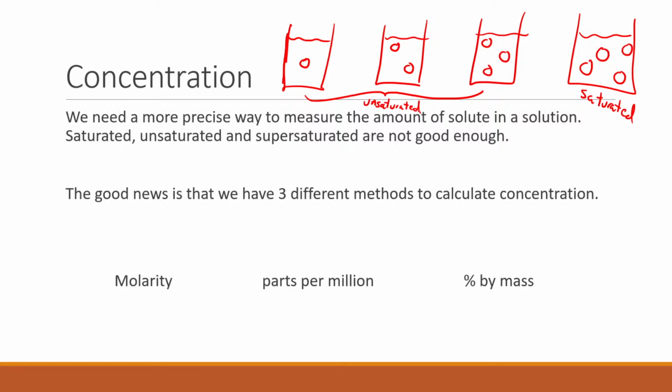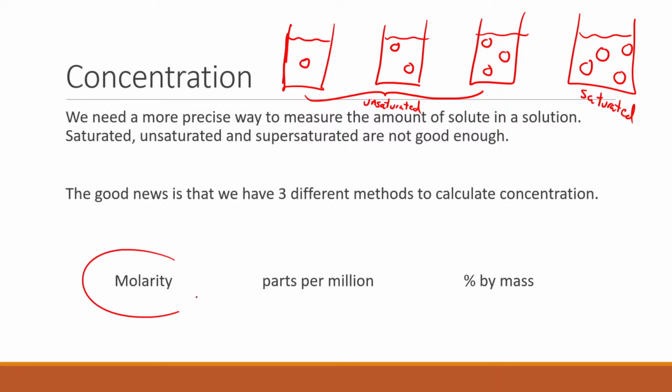And as we know, we don't like having multiple different things with the same name. And so concentration is going to come in and give us a way to differentiate between these 3 different unsaturated solutions. All right, it's a way to go more in depth on the idea of unsaturated or saturated or supersaturated.